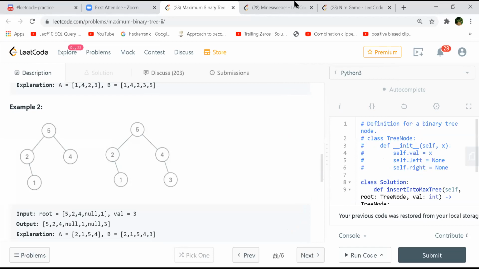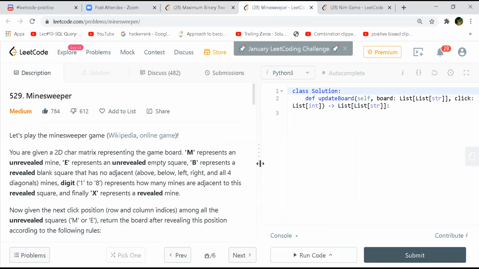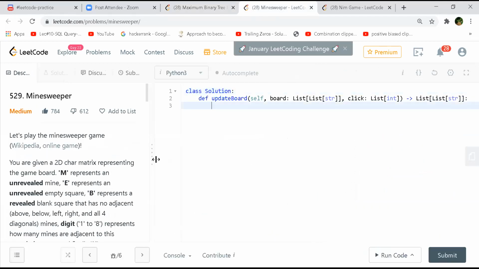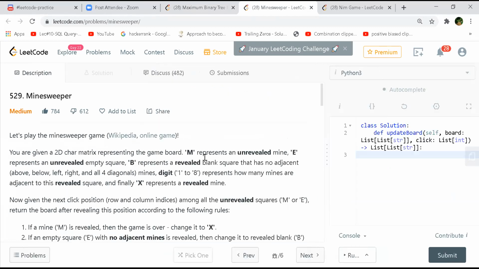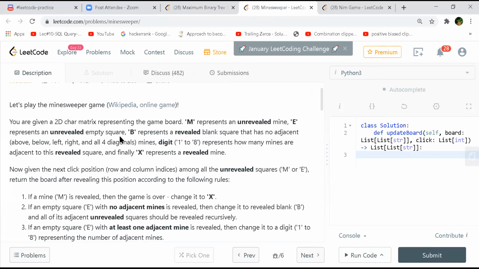Next is our Minesweeper game. So we are given a 2D matrix with characters in the board, and M will represent an unrevealed mine, E an unrevealed empty square, and B represents a revealed blank square that has no adjacent mines.